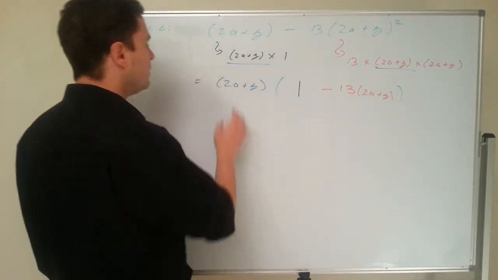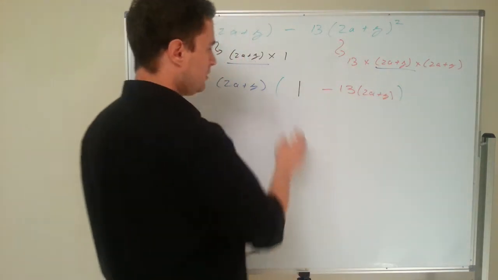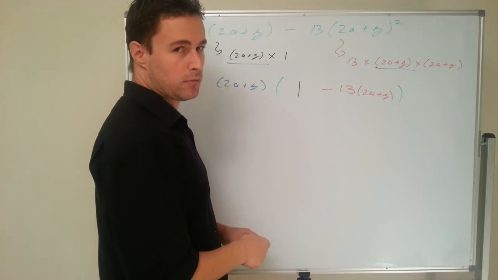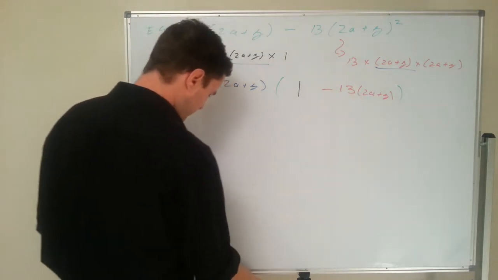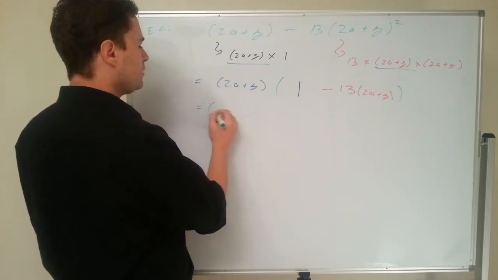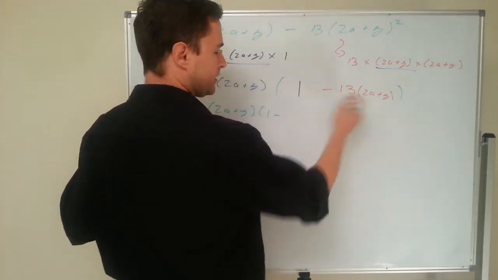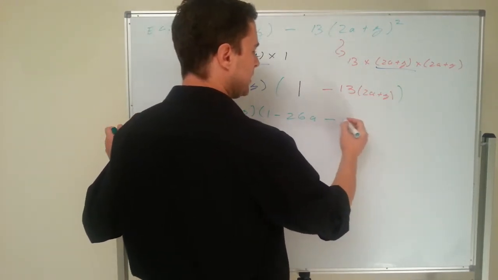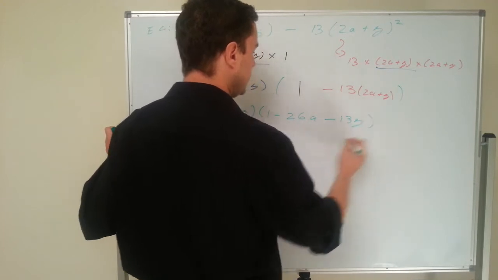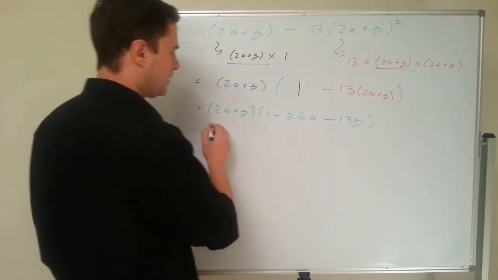Now I'm still okay. 2a plus y, 1 minus there. Still 2 terms there. Bear with me on that. Only thing that's left to do is tidy this up a bit. So I've got 2a plus y, 1 minus 13 times 2 is 26a, negative 13 times y is negative 13y. There's no like terms, so I'm not going to add anything together.